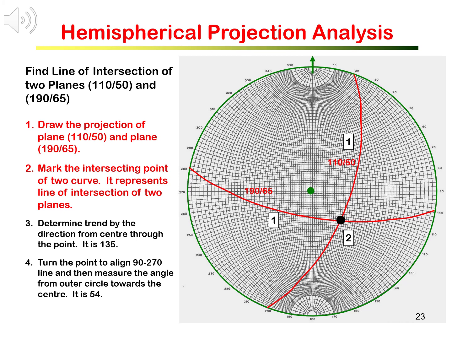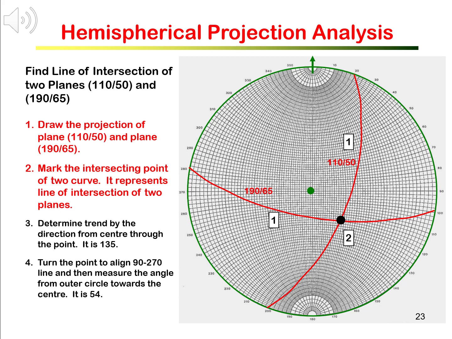In this example, we want to determine the orientation of the line of intersection through projection. The two planes have the orientation of 110/50 and 190/65.